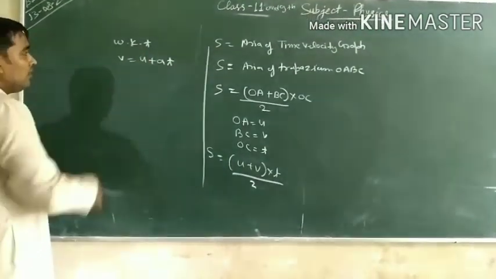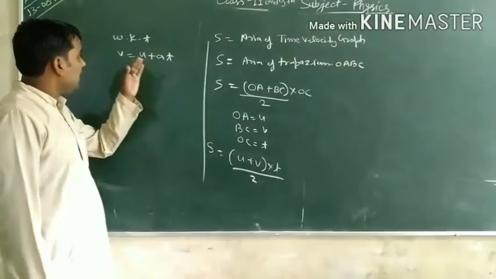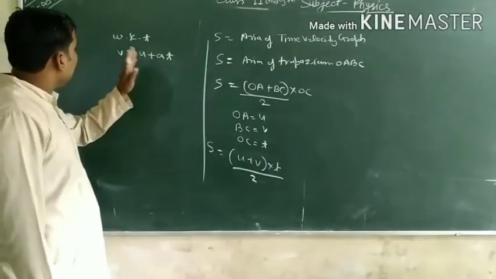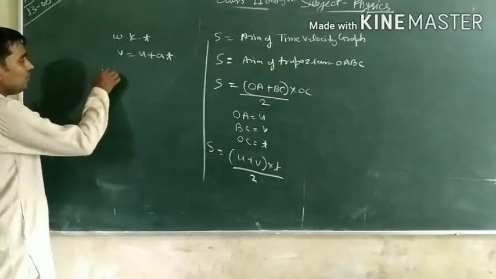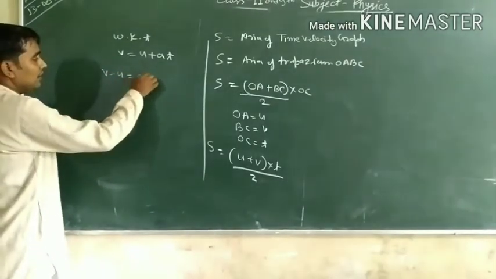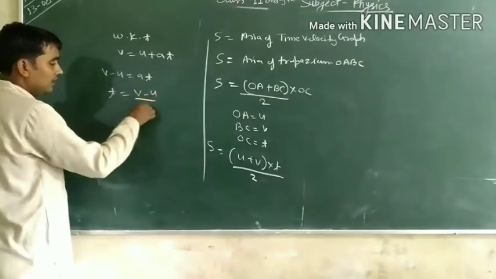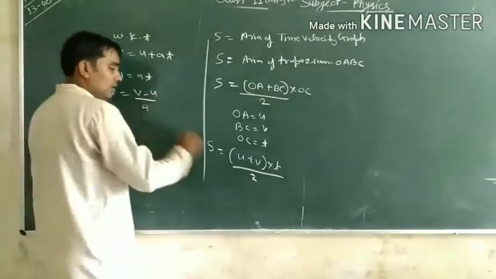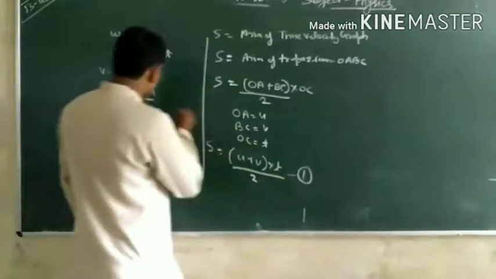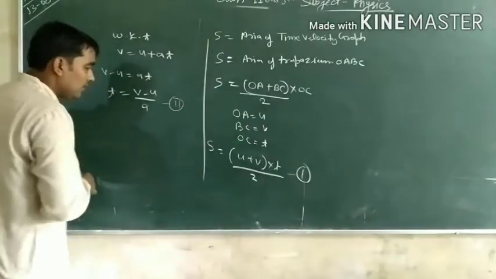Transposing u from the RHS to the LHS, v minus u is equal to at. Now t is equal to (v minus u) upon a. This is the first equation and this is the second equation.